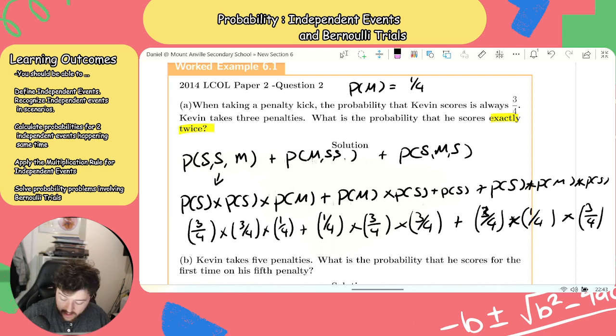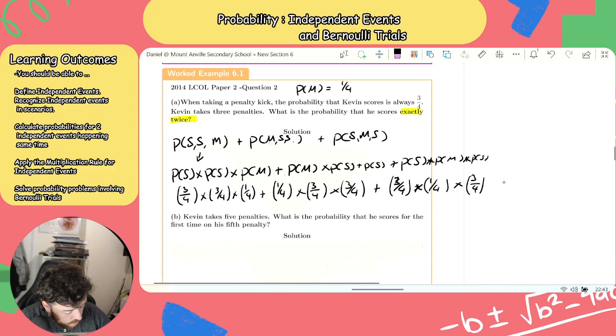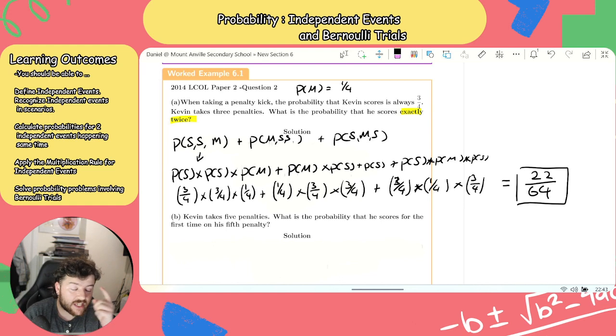Put all of that in your calculator and you get 27/64. So he has a 27/64 chance to score exactly twice.